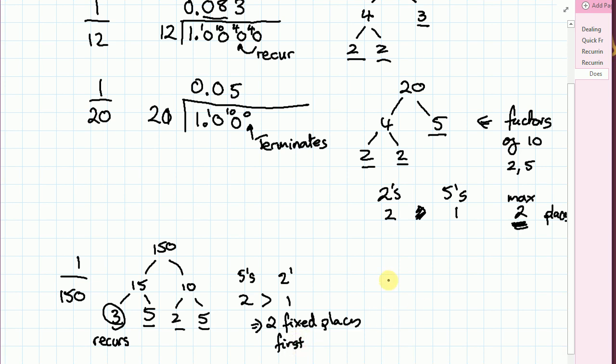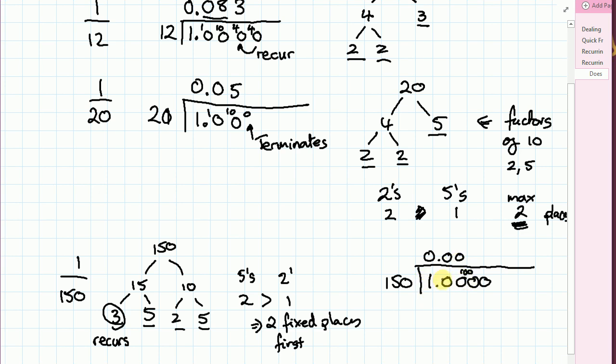So now let's do the division. 150 goes into 1. Let's get a few places going. 150 goes into none. 0.0. 150 no. So we're down to here. We're now at 1,000.